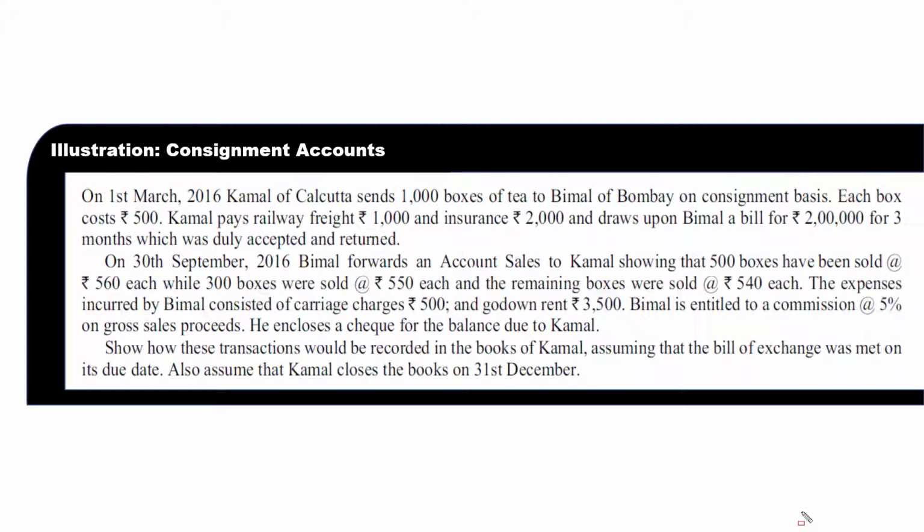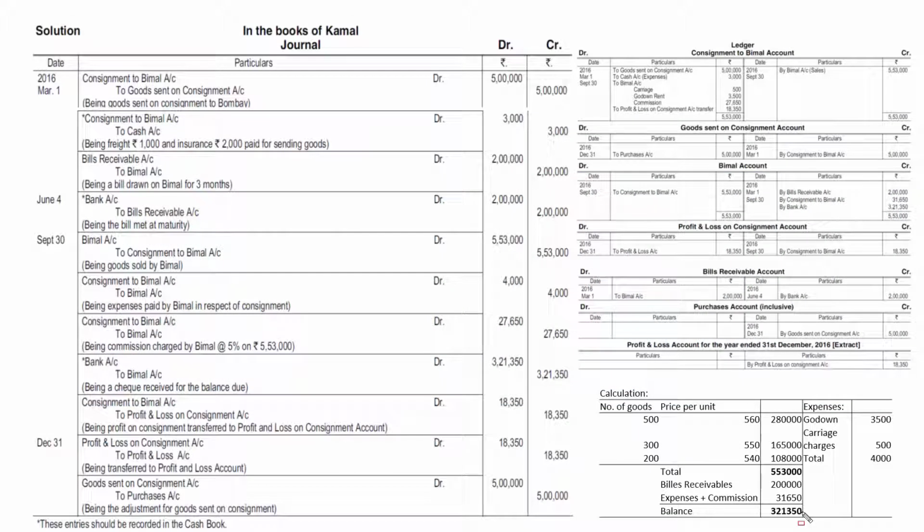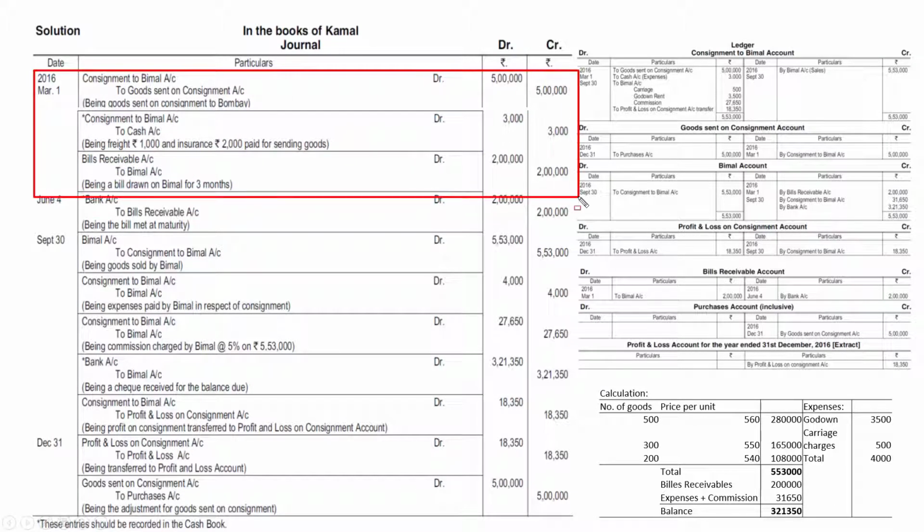So how will we record this transaction? Let's go to the journal, that is the books of Kamal. Here we can see the 3 journal entries already recorded on the consignor books of account.